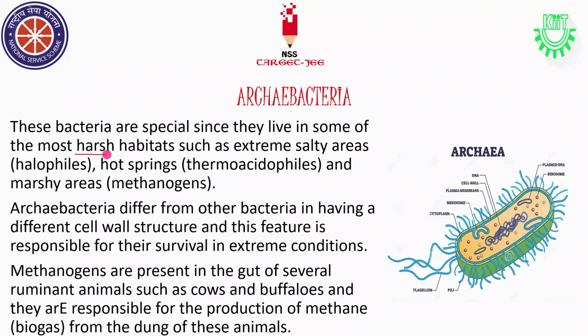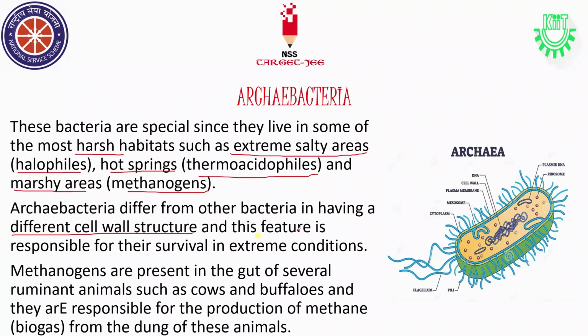Because they live in harsh situations like extremely salty areas, halophiles, hot springs, thermoacidophiles, marshy areas, methanogens. वो कैसे इतना एक्सट्रीम सिचुएशन में सरवाइव कर सकते हैं? वो सरवाइव इसीलिए कर सकते हैं because they have a different cell wall structure compared to other bacteria.